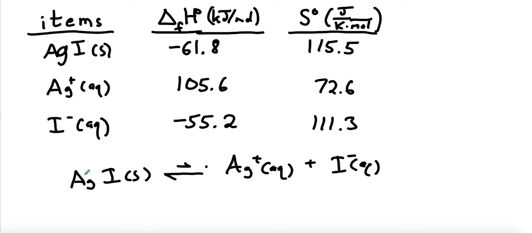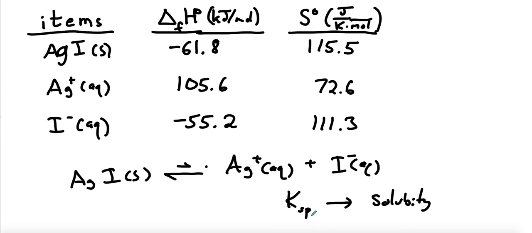All right, so let's write out the reaction first, and then we can do products minus reactants to figure out delta H and delta S for this reaction. And before we do this, let's set up a roadmap of where we want to go, which is solubility, and how we're going to get there. So we know that we could get solubility if we had the equilibrium constant for the reaction of dissolving this salt. And how could we get K?